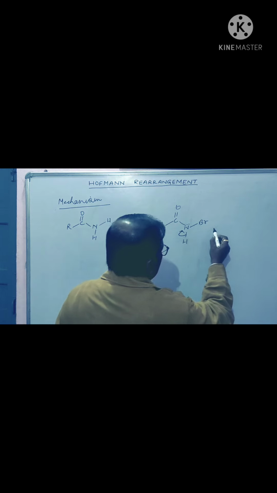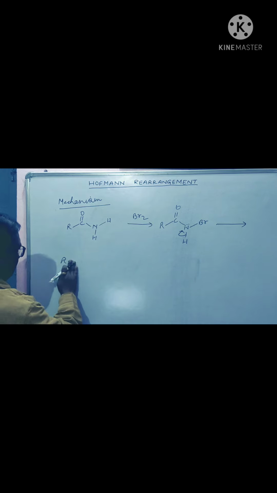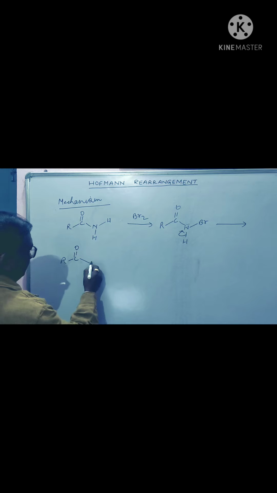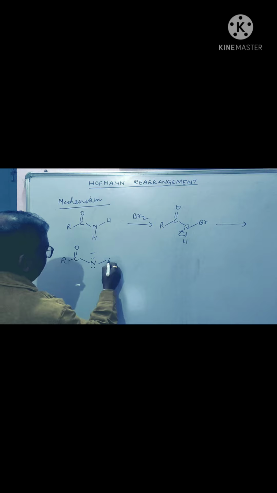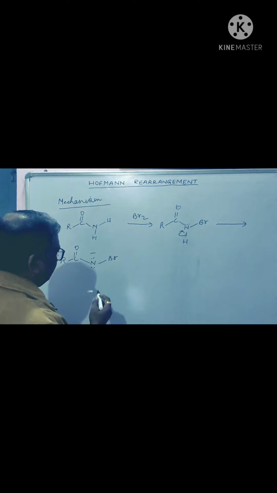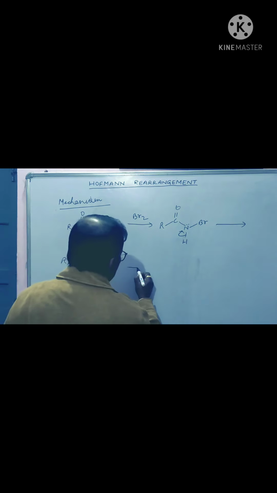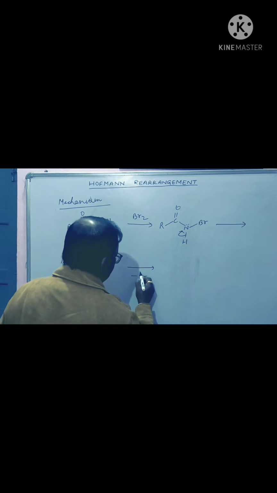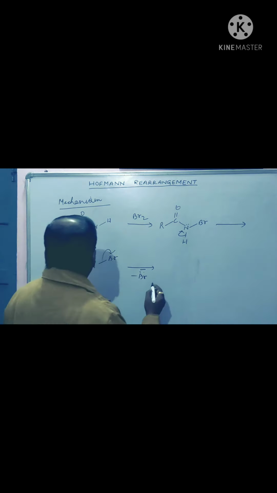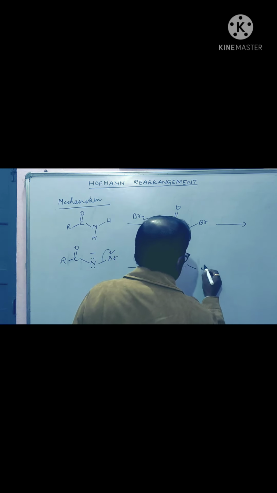So this gives a negative charge. Now, since bromine is electronegative element, it will be easily eliminated as bromide ion in this fashion, giving rise to this.